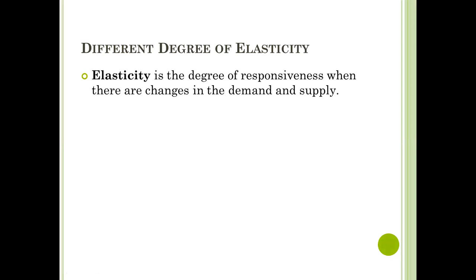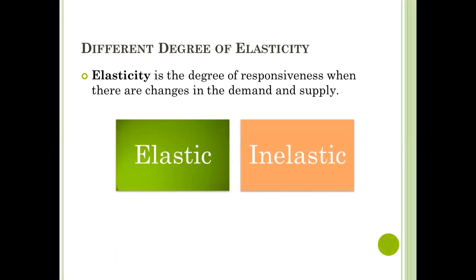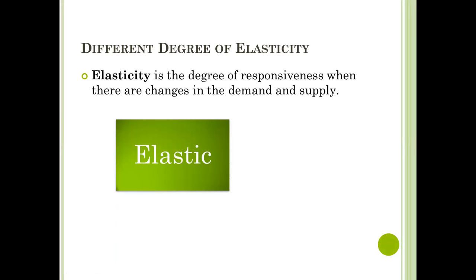Let's define elasticity. Elasticity is the degree of responsiveness when there are changes in the demand and supply. We have different degrees of elasticity: elastic, inelastic, and unitary. For elastic, it is when there is a greater change in quantity demanded or supplied.